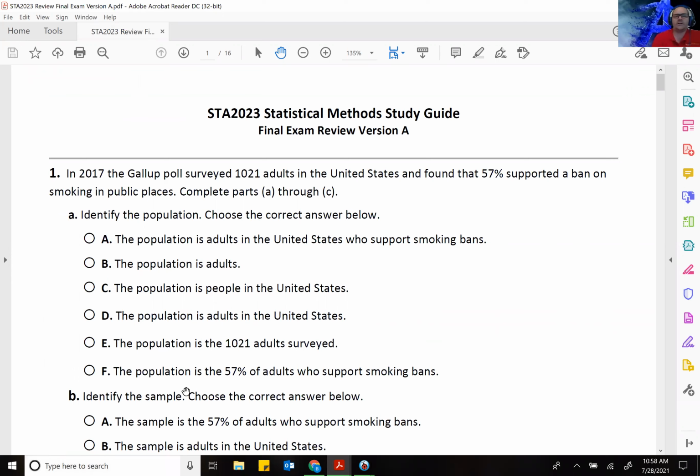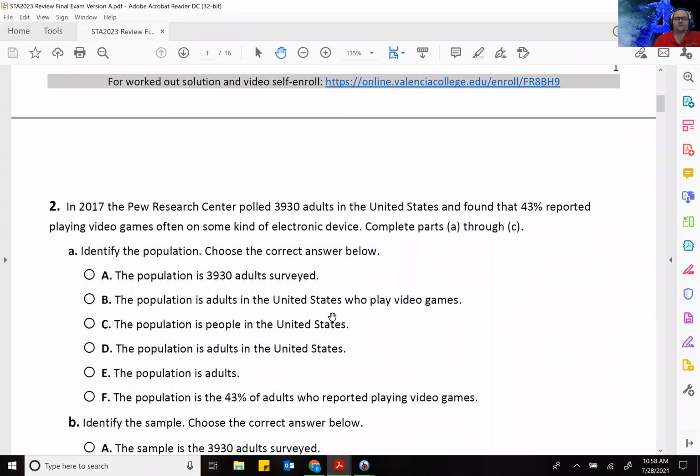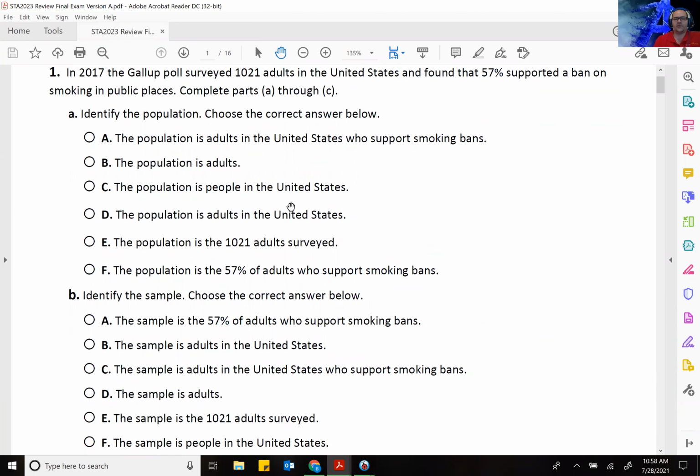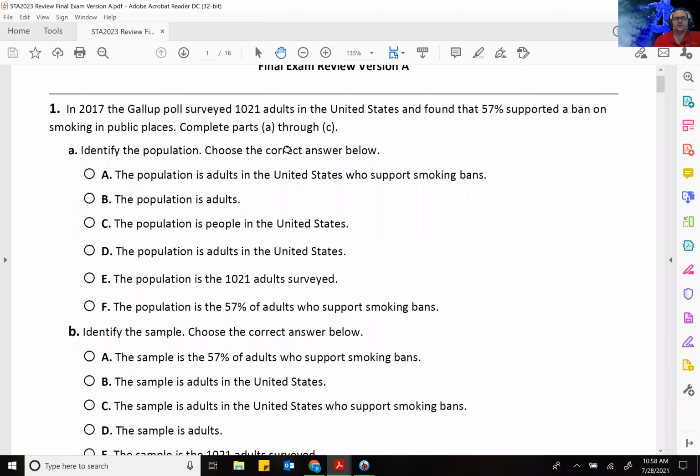So we got question number 1 here. Okay, so there's no data with it. It's just 3 questions, multiple choice. It says in 2017, the Gallup poll surveyed 1,021 adults in the United States and found that 57% supported a ban on smoking in public places.